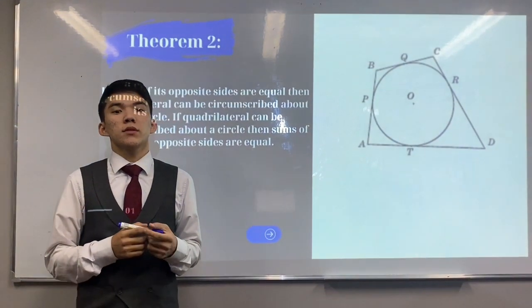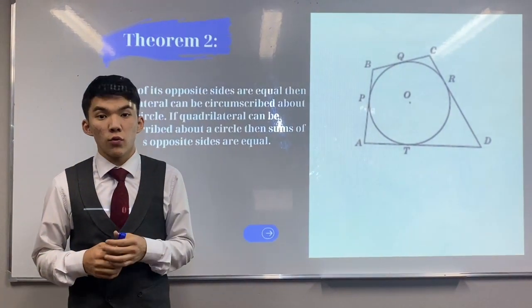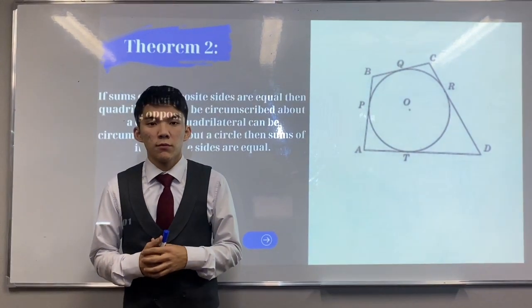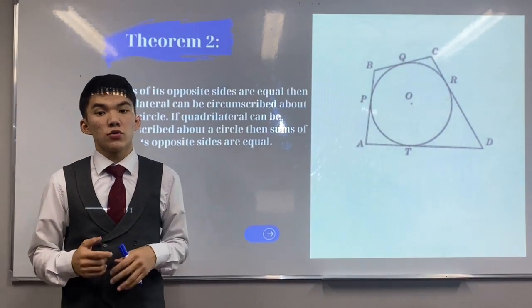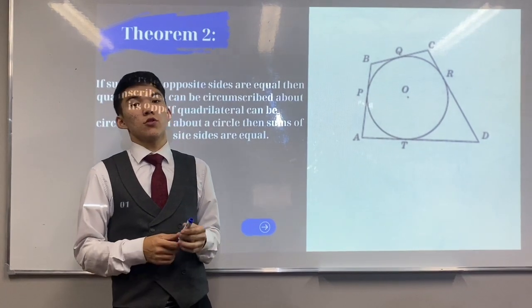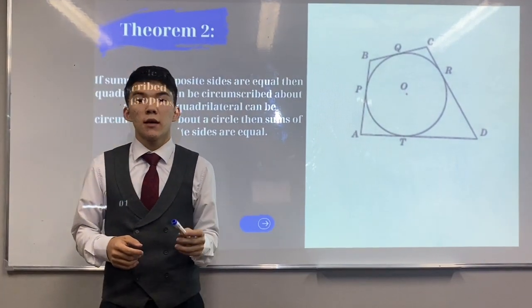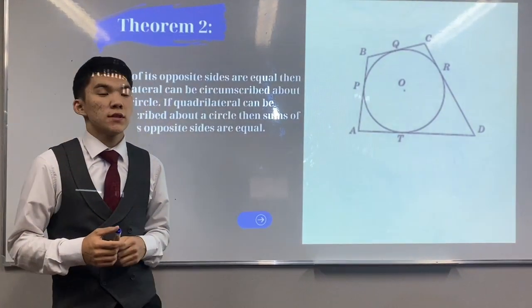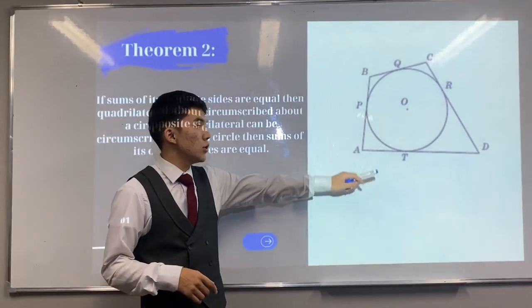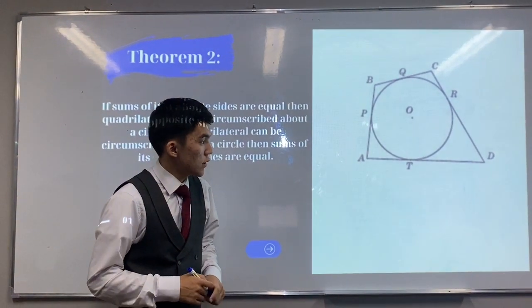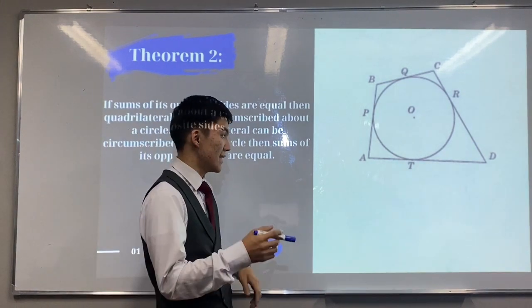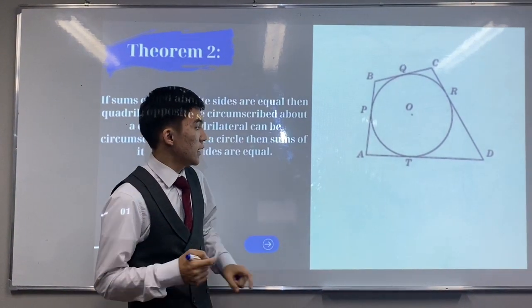Okay, our second theorem: if the sums of the opposite sides are equal, then the quadrilateral can be circumscribed about a circle. And if a quadrilateral can be circumscribed about a circle, then the sums of its opposite sides are equal. We can use tangent line properties.